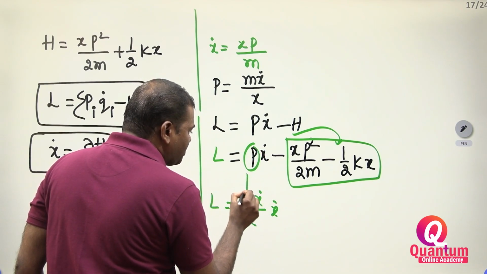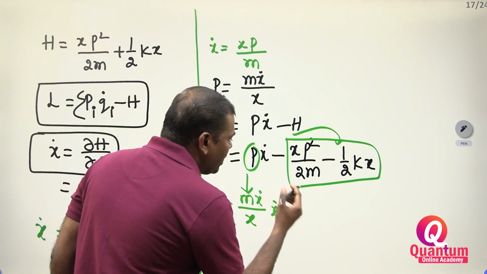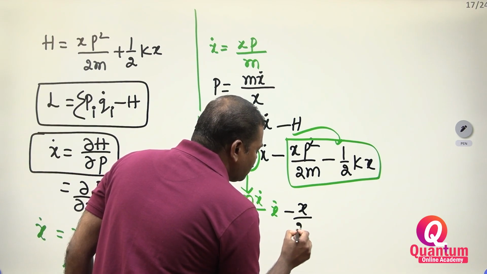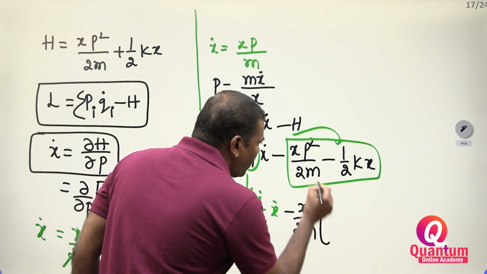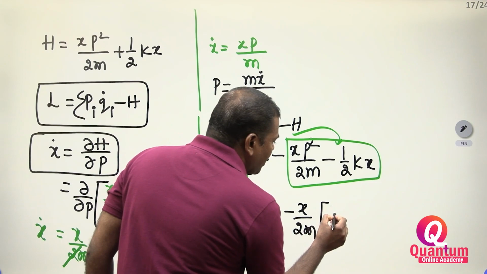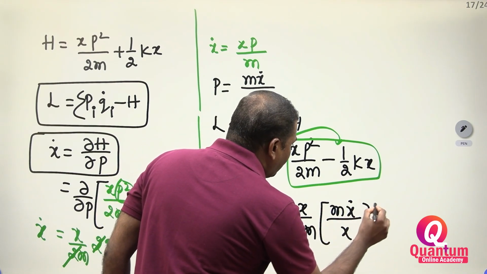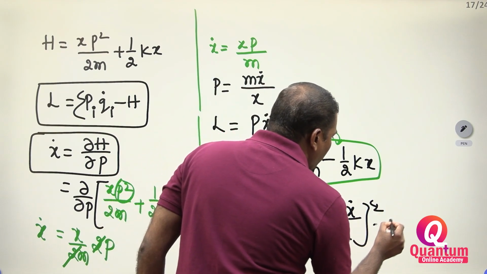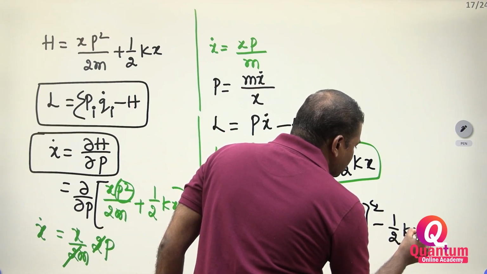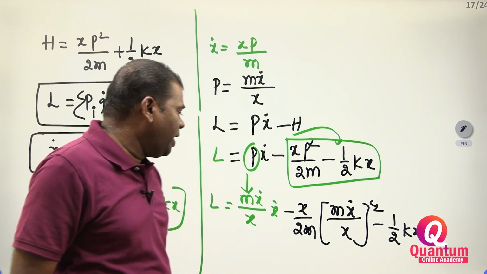This p value I am substituting. Minus 1/2 kx.